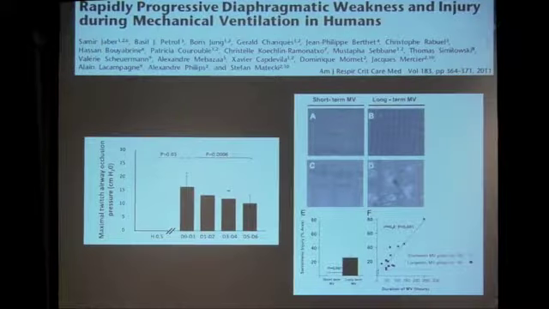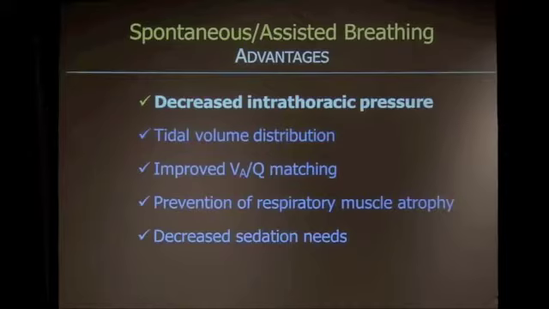I'll be very quick. We have many proofs that controlled mechanical ventilation, very quickly, in a matter of days, if not hours, leads to diaphragm atrophy and respiratory muscles atrophy, which becomes a major problem particularly for weaning. So spontaneous breathing, preserving spontaneous breathing, does it have any advantage?